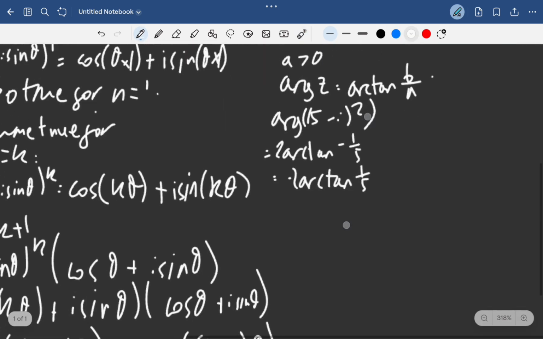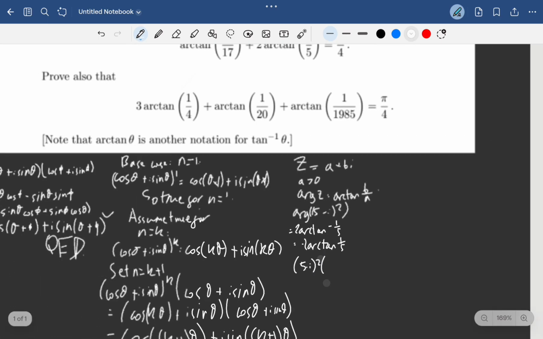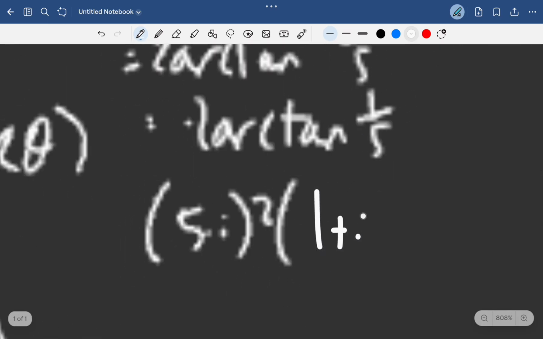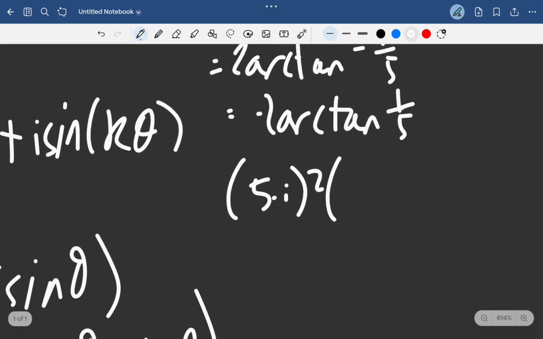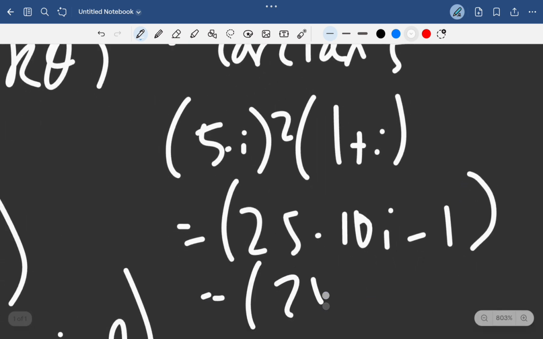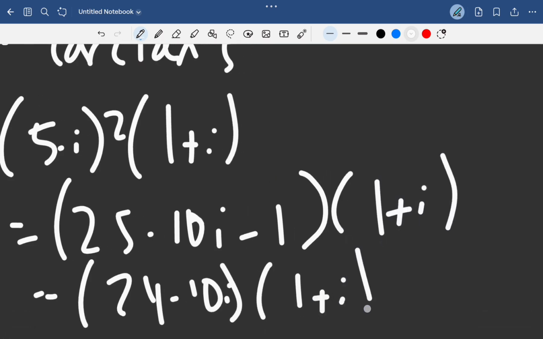So, let's see. We have 5 minus i squared. Let's just try and multiply this out. 5 minus i squared multiplied by 1 plus i will equal 25 minus 10i, and then that's minus 1. And that is 24 minus 10i, multiplied by 1 plus i.